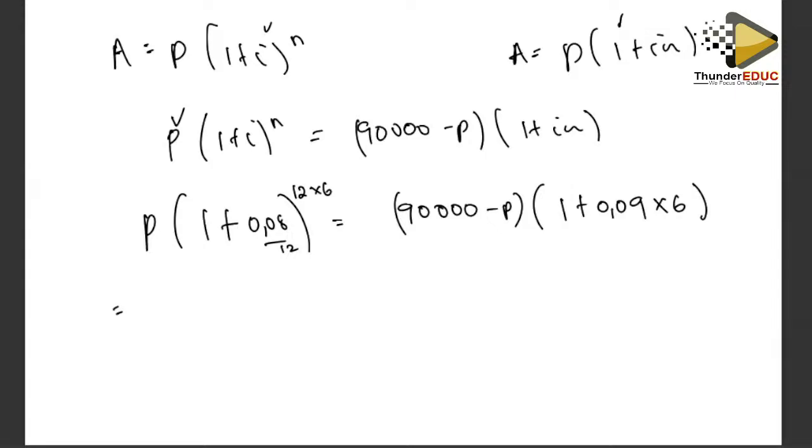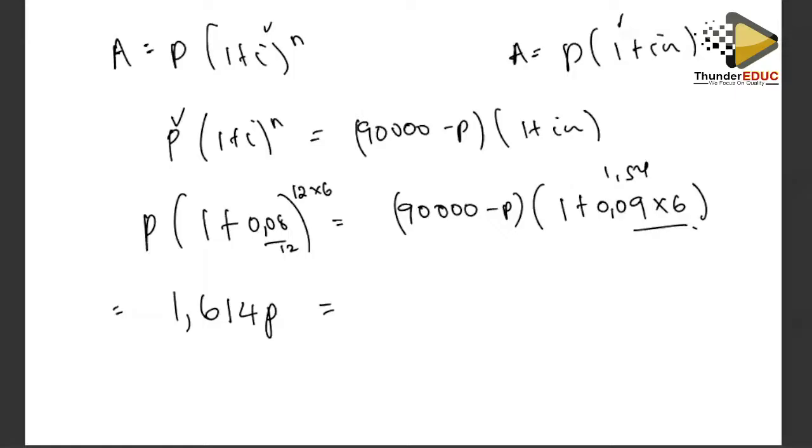Let's see if we simplify what we have on the left-hand side, which is just the brackets. We have 1 plus 0.08 over 12 to the exponent of 12 times 6. Okay, I'm getting 1.614P. When I simplify that bracket first, 0.09 times 6, I'm getting 1.54. Okay, I'll open up.